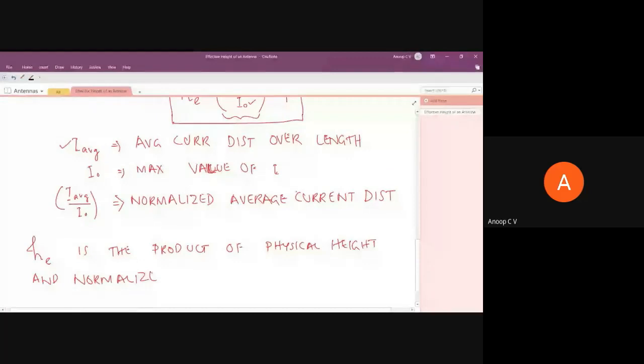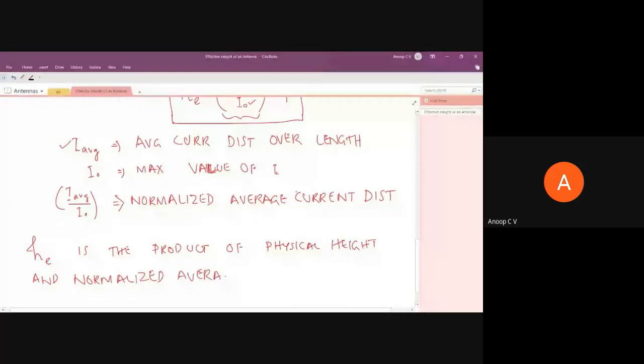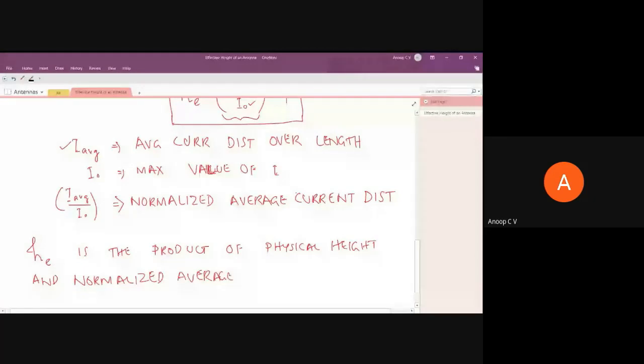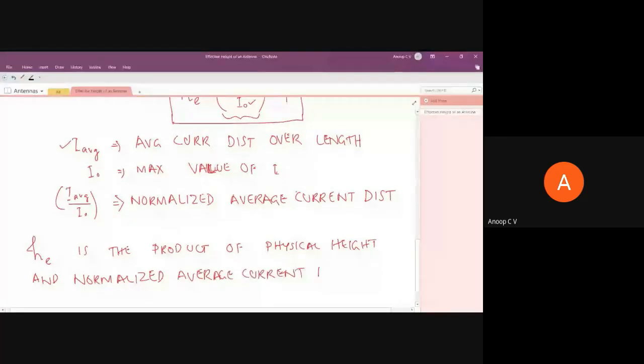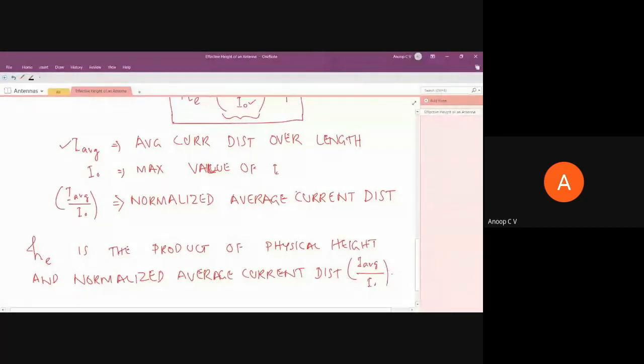The normalized average current distribution is I average divided by I naught. So this is another way of defining the effective height, and it gives the relation between the effective height and the physical height.